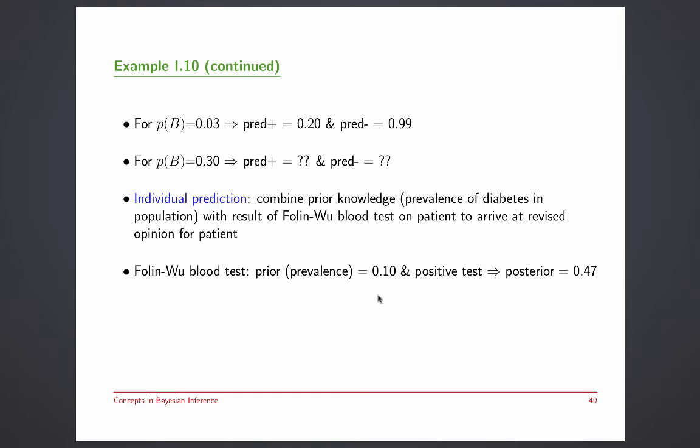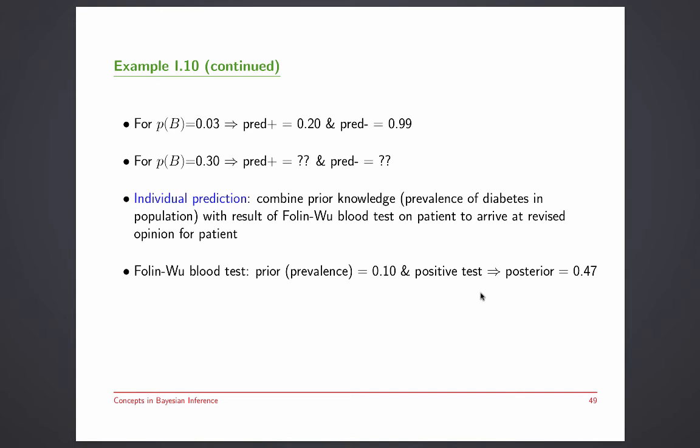Then we can combine this test result with the prior prevalence in the population to obtain a posterior probability of being diabetic equal to 0.47. So this outcome combines the prior knowledge of diabetics with the data, the test result in this case.